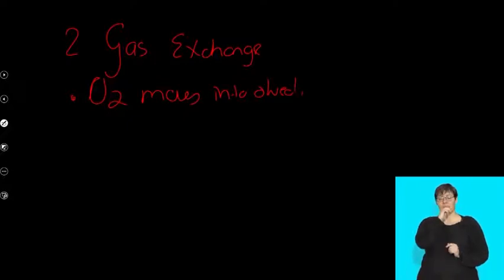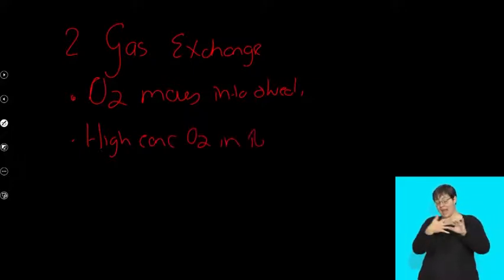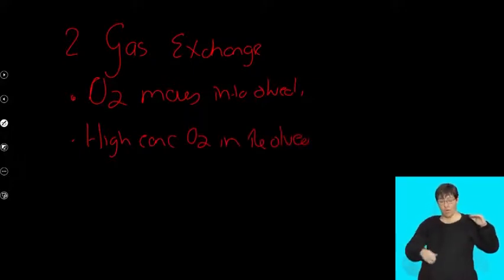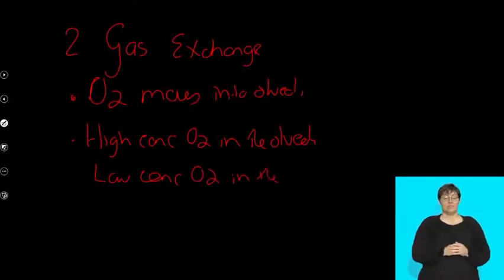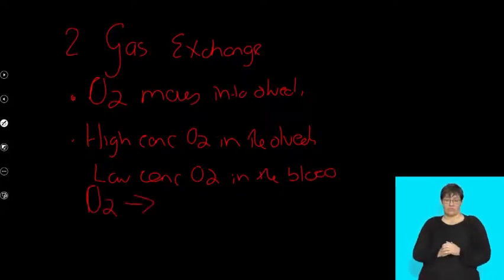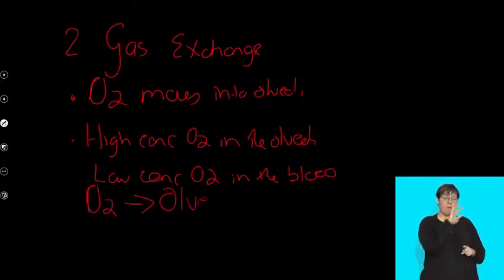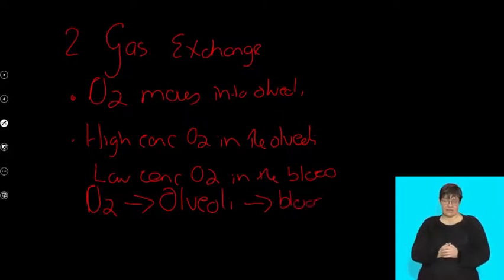And there is a high concentration of oxygen in the alveoli, and there is a low concentration of oxygen in the blood. Oxygen moves from a high concentration to a low concentration, so it moves from the alveoli into the bloodstream.